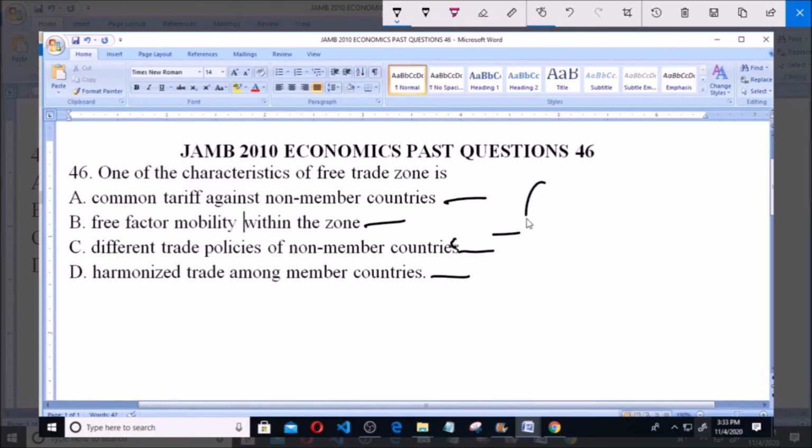Now when we talk about free trade zone, it refers to non-restriction on international trades.